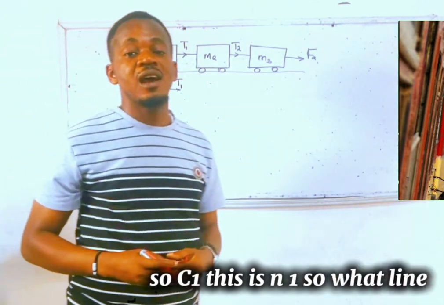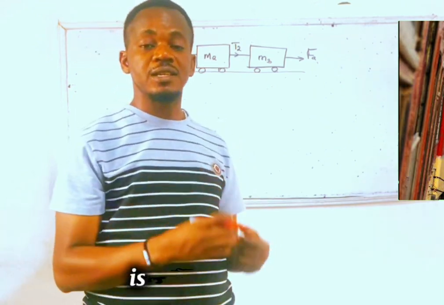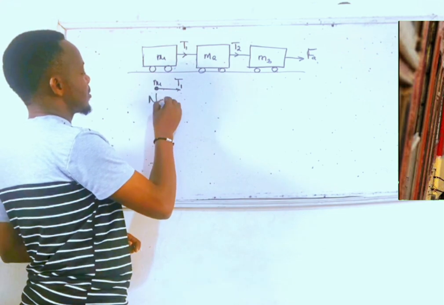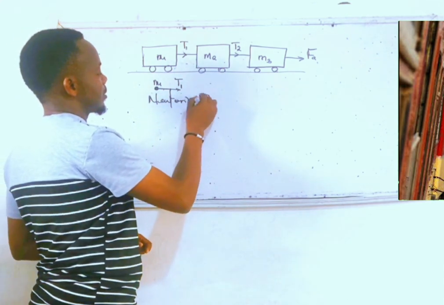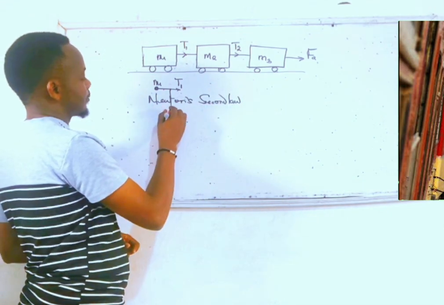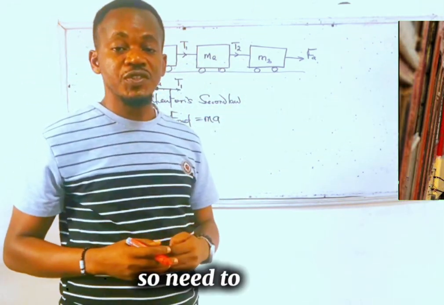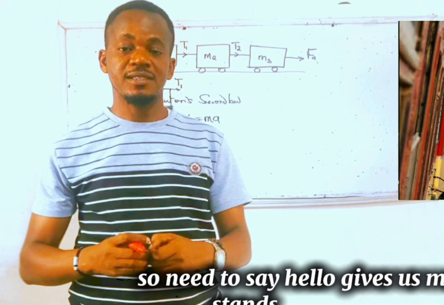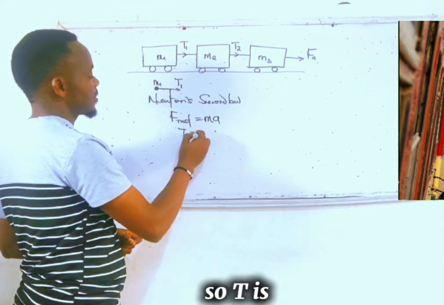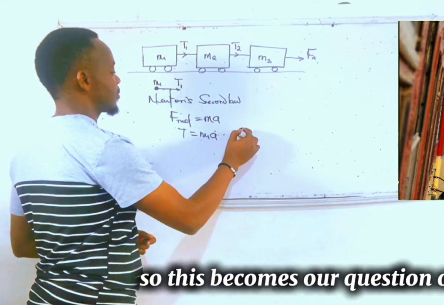To apply Newton's second law, which states that the net force is equal to mass times acceleration, the net force is the tension. So T1 is equal to M1A. This becomes our equation 1.